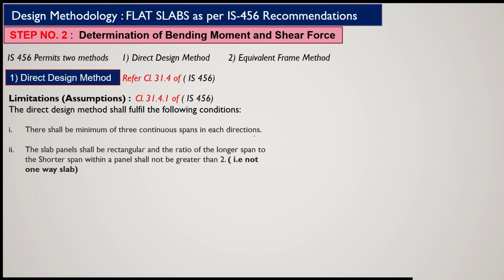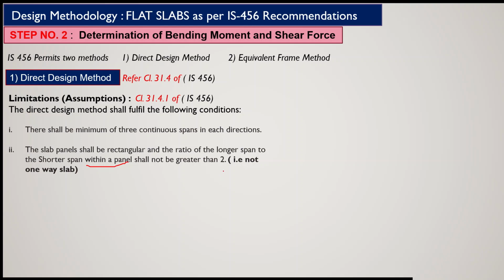In lecture number 8, we have gone through what is the meaning of panel, how we will decide what is panel. So second assumption is the slab panel shall be rectangular and the ratio of the longer span to shorter span within a panel, again I am focusing on it, shall not be greater than 2.